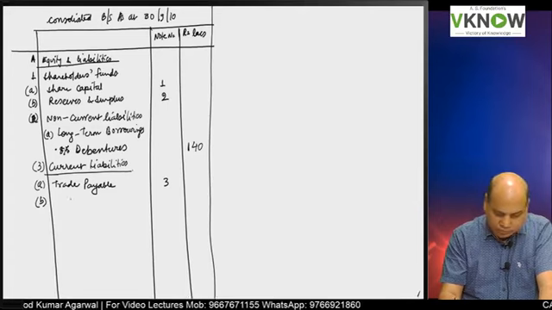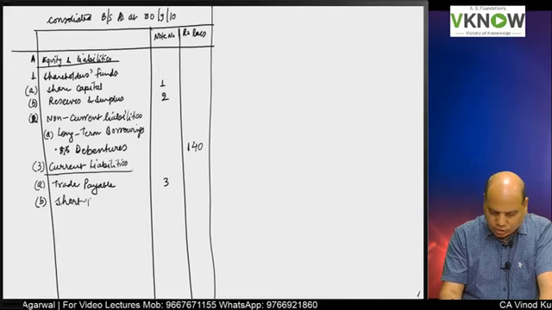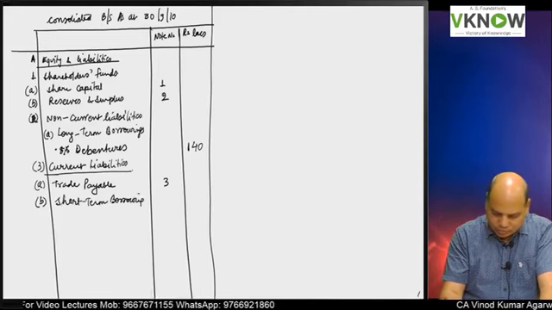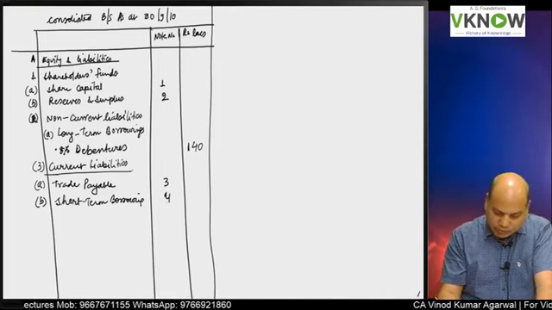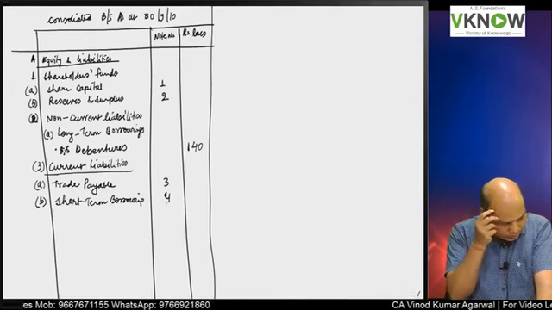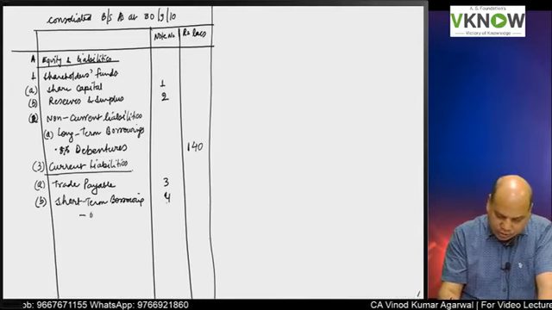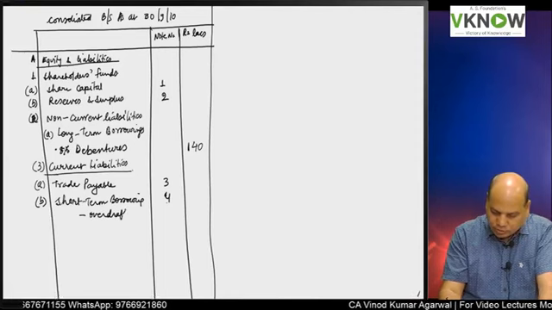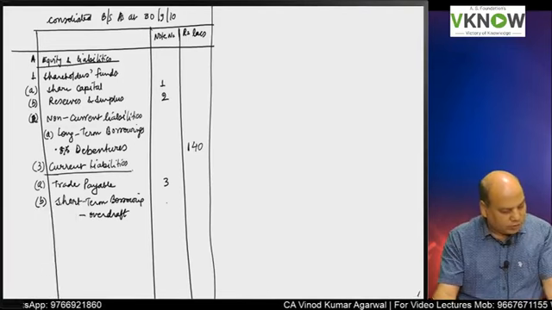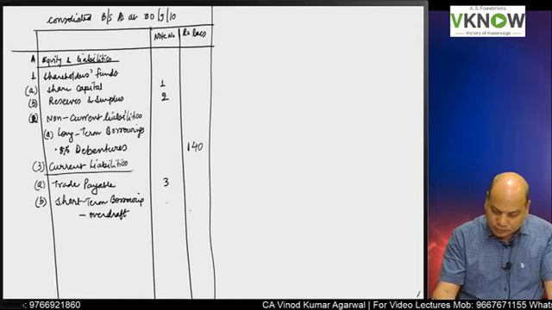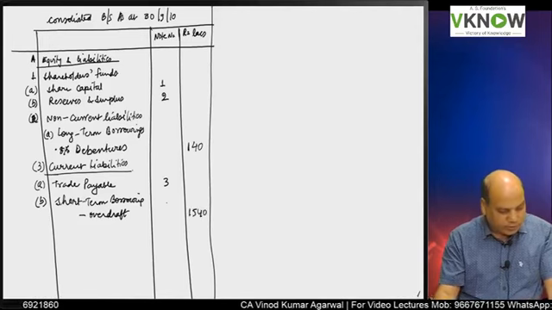B, write down short-term borrowing, note number 4, for bank overdraft we'll write short-term borrowing. There is only one item, so I can write here only, no need to prepare a note. But if you want to prepare a note, I will not stop you, because there is only one item in overdraft. I don't have to do any adjustment.